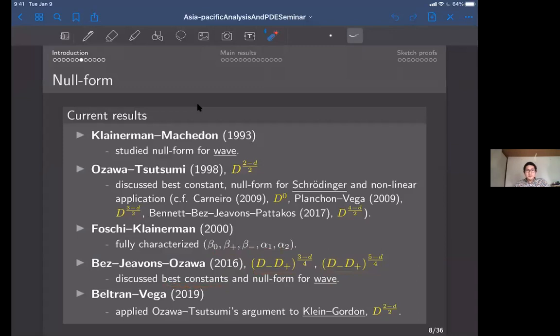And very recently, Beltran and Vega applied Ozawa-Tsutsumi's argument to Klein-Gordon so that they considered this new form. So it's a very active field. And in contrast to these Beltran and Vega results, we take the spirit of this Bez-Jeavons-Ozawa argument and extend it from the wave to Klein-Gordon.